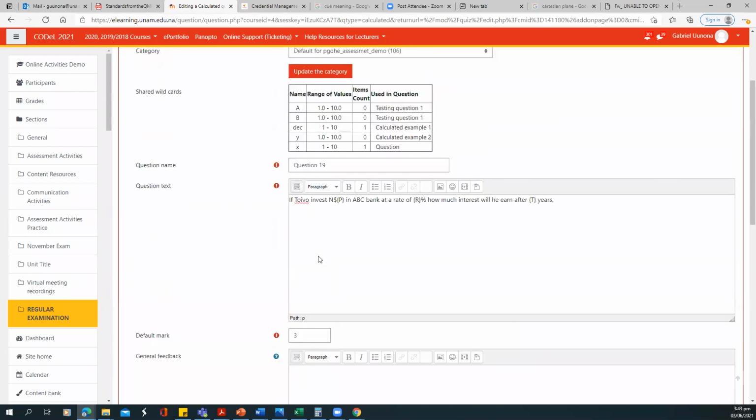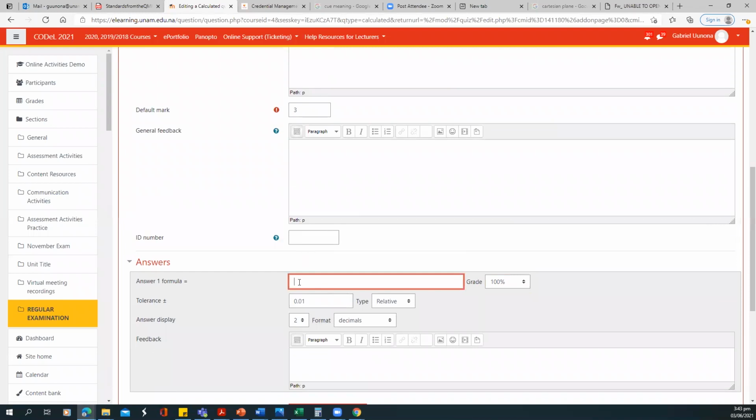So we would know that the simple interest is P, so we need to continue with our curly bracket, which represents the principal amount, times rate divided by 100. 100 is a constant in this case.